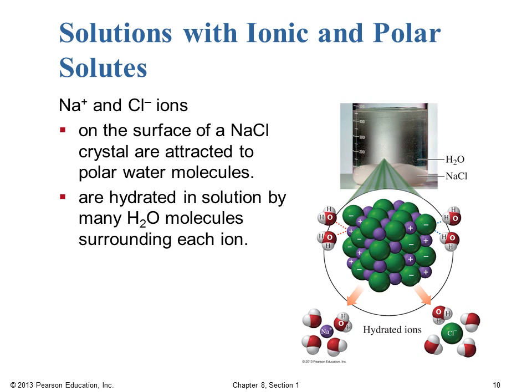And so that is the case in this example here when we look at salt, NaCl. NaCl is an ionic compound, and so it's going to want to separate its charges into Na plus and Cl minus. And so those charges are attracted to the partial charges of the water.